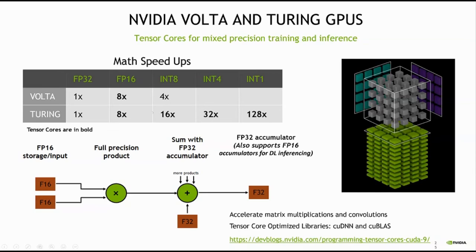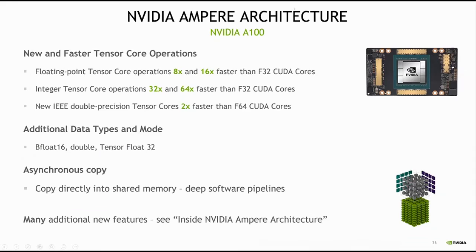So with that, let me now move my gear to the Ampere architecture. We talked about FP16, we talked about FP32, and we talked about the Volta architecture, but we did not talk about the Ampere architecture. So this is the latest generation that we currently have.